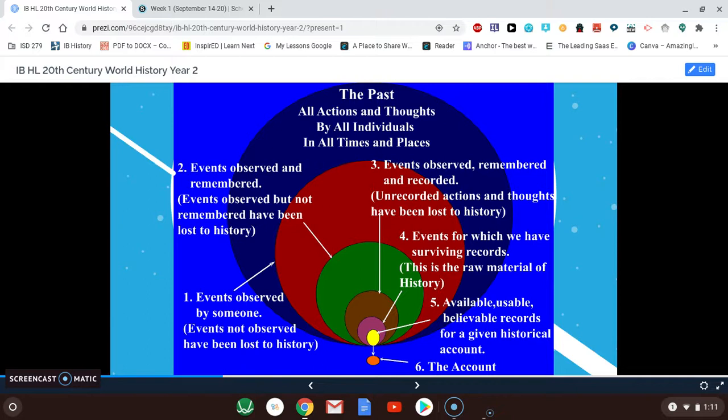All right. So then once we get into then the surviving records, we get to number 4. And that's kind of what I just mentioned, like the things that have lasted the test of time. If you've ever heard of in France, the Lascaux caves, there's caves from thousands and thousands of years ago that show humans or a human-like creature was basically living there and detailing a record of the things that they saw.